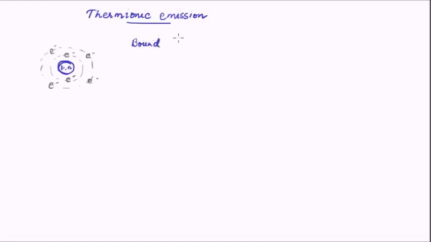Bound and conduction electrons. Now we have seen that electrons move in different orbits around the nucleus. So this orbit is closest to the nucleus, then there is this orbit which is a little further, then there might be another orbit. So there are multiple orbits in which the electrons are distributed, right? The electrons which are closest to the nucleus will be closest to the proton, isn't it?